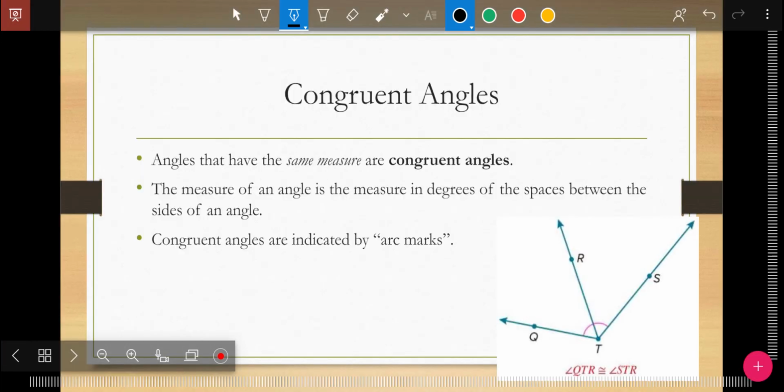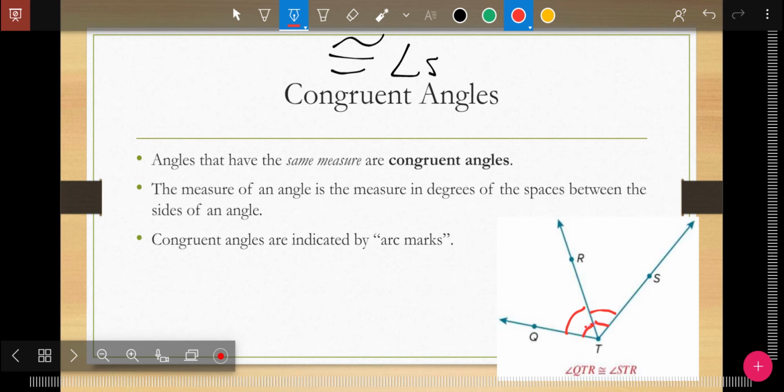Congruent. Hopefully you remember congruent. Now I could also write this as congruent angles. So you got to get used to the abbreviations. All right, congruent angles. Congruent means same size and shape. So congruent angles have the same measure. Also very important down here, if I put the same number of arc marks inside of it, so here they both have 2 arc marks inside of it, then that means they're congruent to each other.